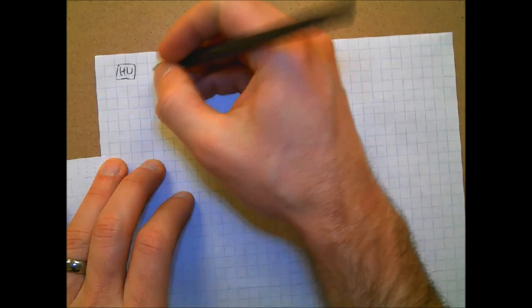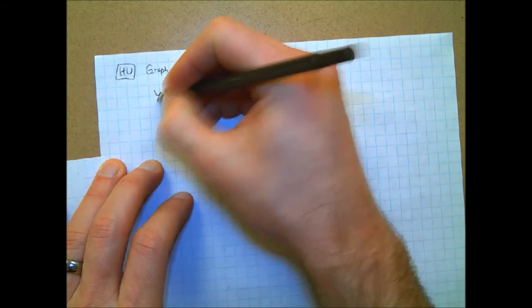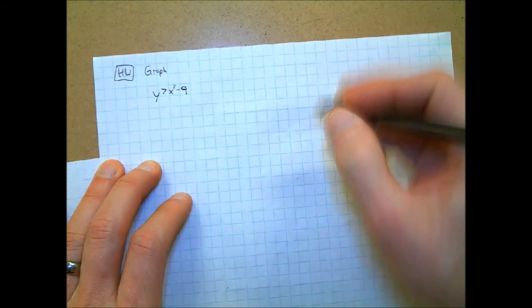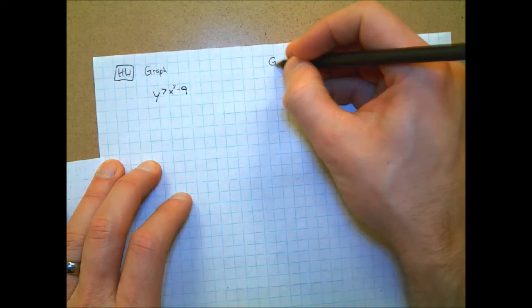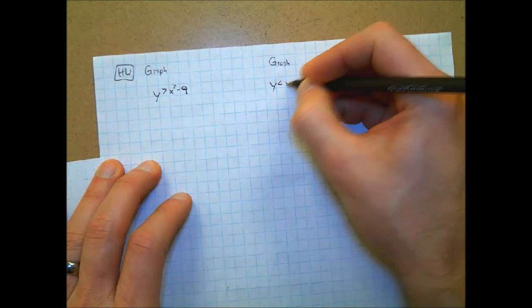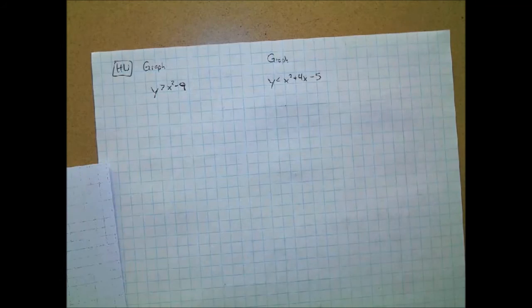All right, here is your homework. I would like you to graph y is greater than x squared minus 9. Okay, and I also want you to graph y is less than x squared plus 4x minus 5. I'm giving you 2 graphs for your homework.